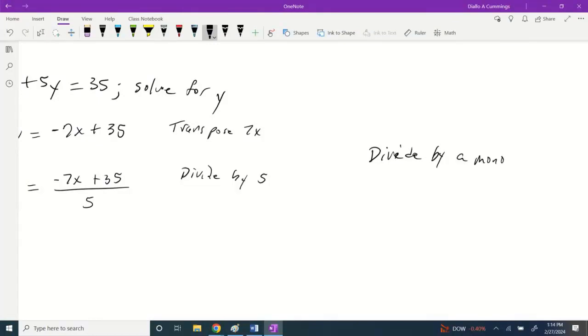So a monomial is just a polynomial with one term. So the formula says if you have a plus b over c, you can treat the denominator as a denominator of every term in the numerator. So I can write this as a over c plus b over c.